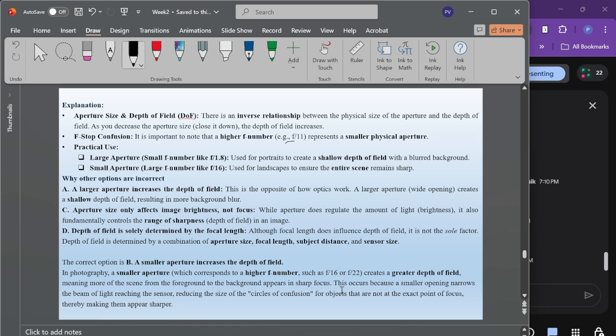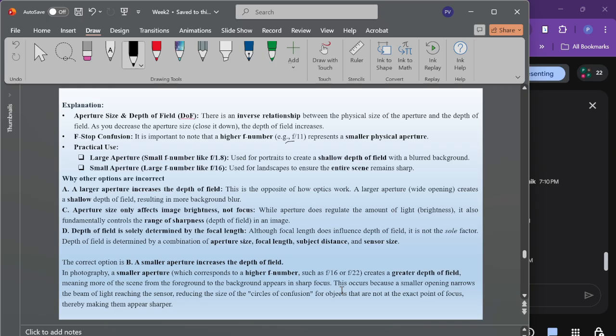A smaller aperture increases the depth of field. In photography, a smaller aperture, which corresponds to a higher f number such as f/16 or f/22, creates greater depth of field. That means more of the scene, from the foreground to the background, appears in sharp focus.